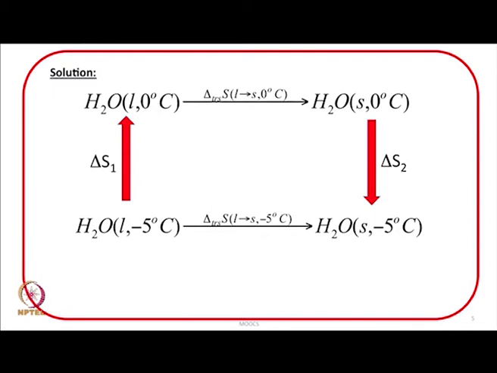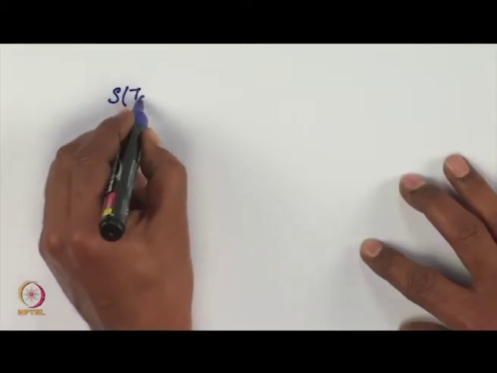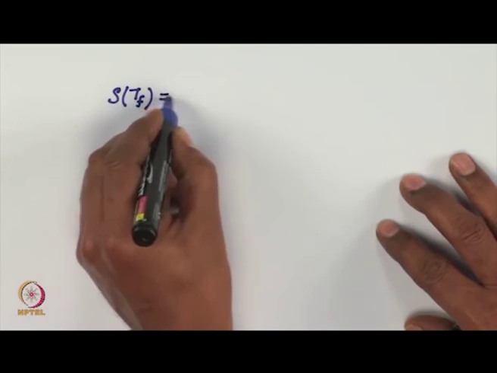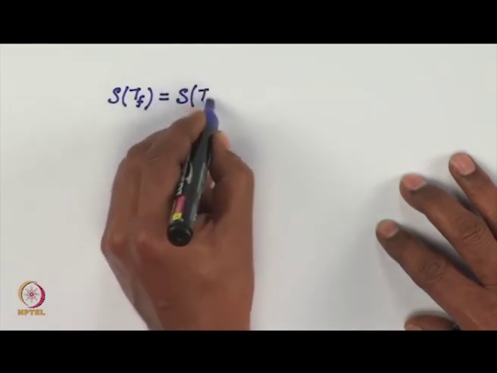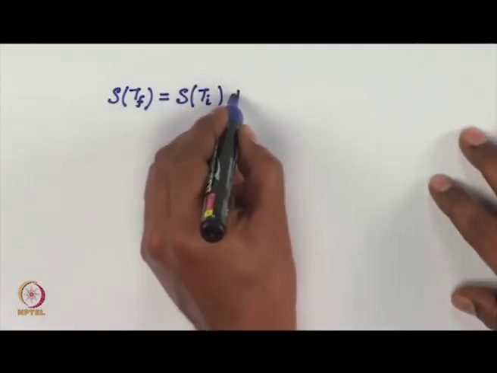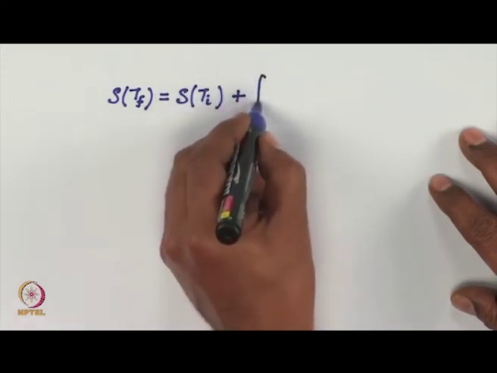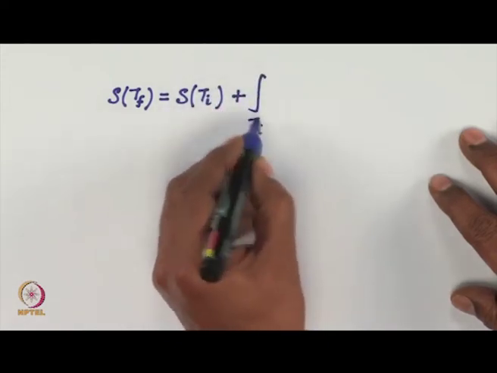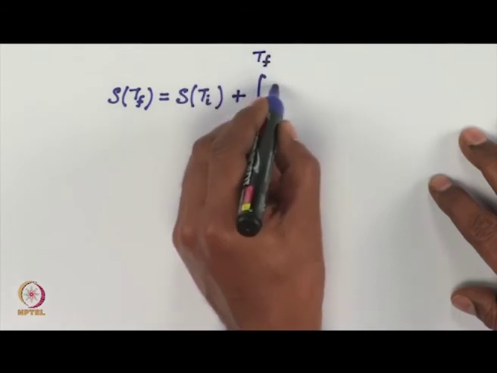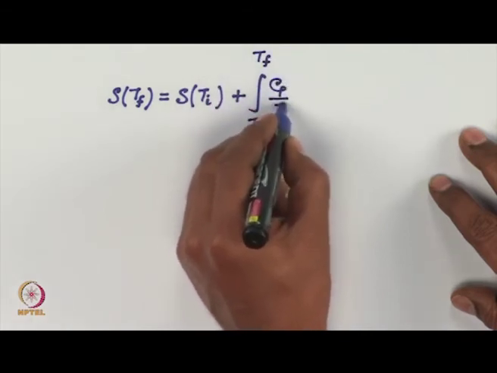So the information that I need: entropy at some final temperature is equal to entropy at some initial temperature plus the integral from Ti to Tf of Cp by T dT.